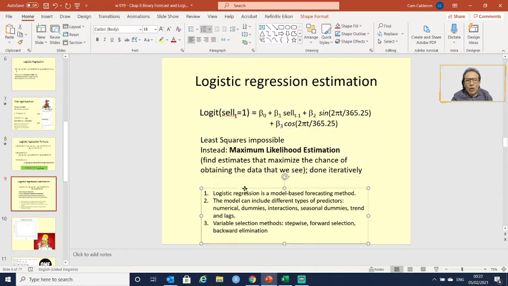So we can calculate this by least squares, or as well by maximum likelihood estimation. This means that there are many methods, or a couple of methods, to find the best fit for our data using logistic regression. These are just methods to try to find the best fit in our regressions.